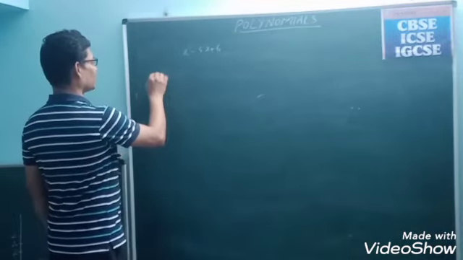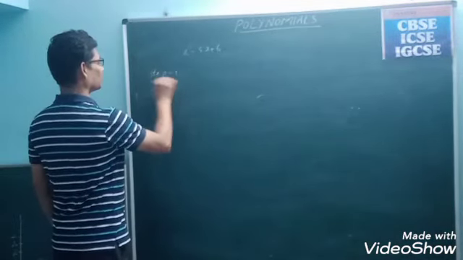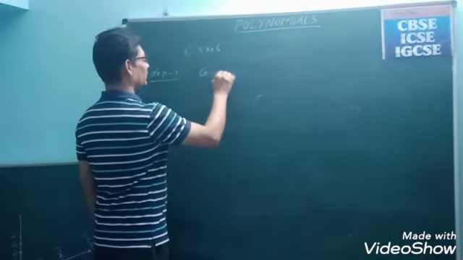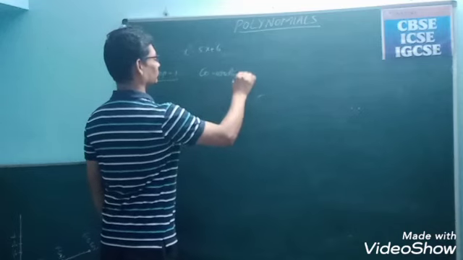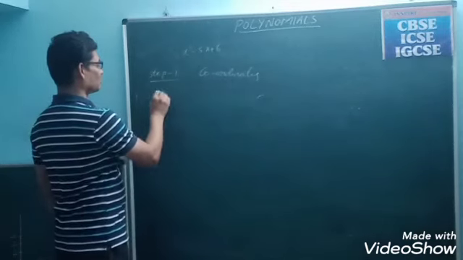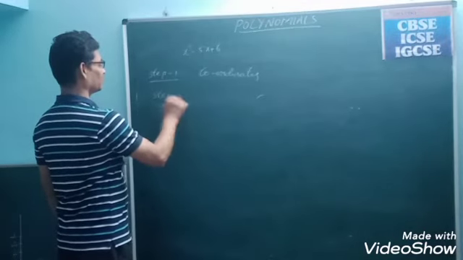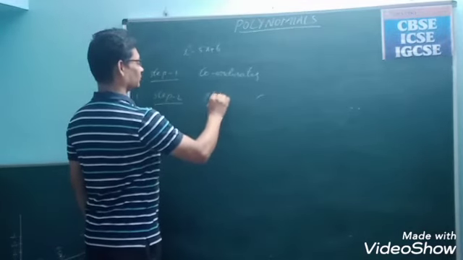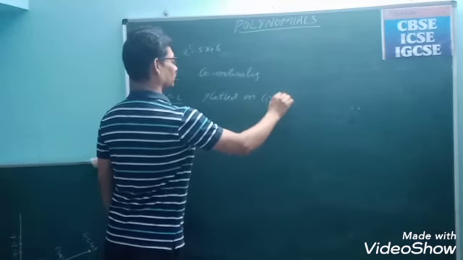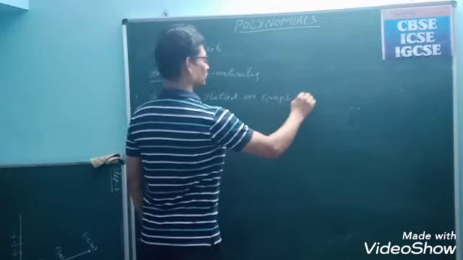Here, step 1, we need to write the coordinates first. You need to find the coordinates. The coordinates, whatever you have got, should be plotted on the graph. And join.